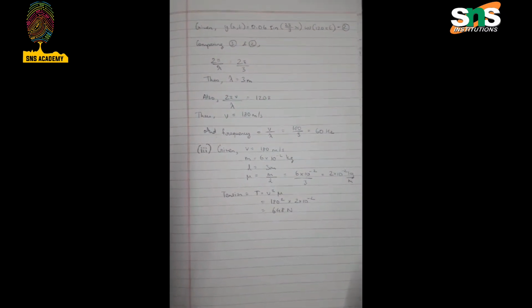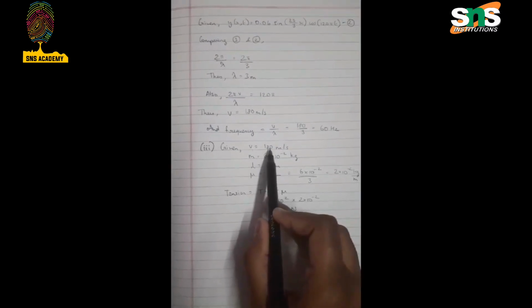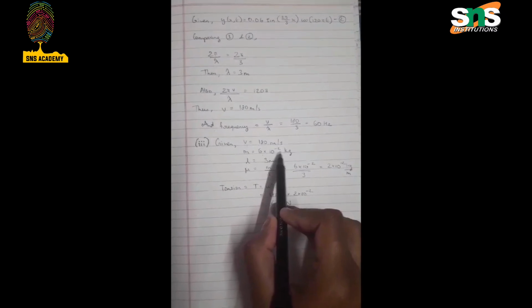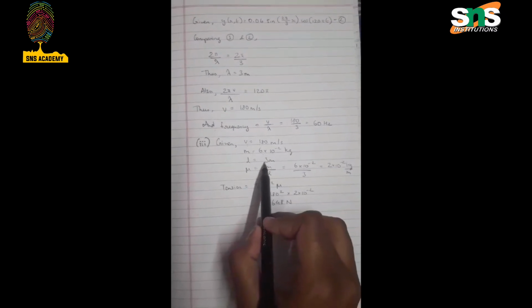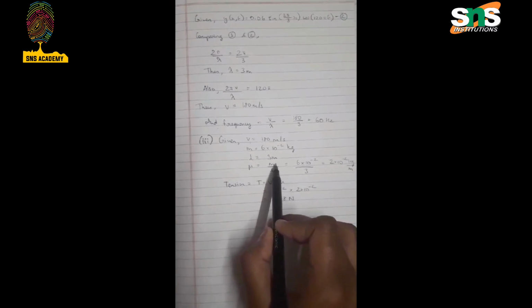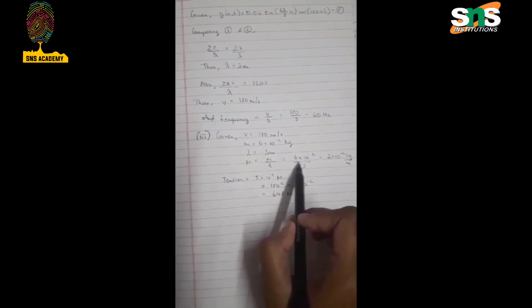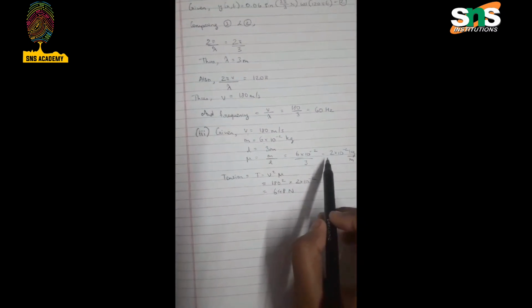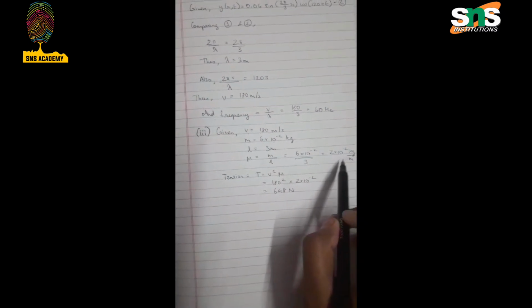Moving on to the last subdivision of the question, it is asking us to find the tension of the wire, where x and y are in meters and t is in seconds. Given that V equals 180 meters per second and mass of the string is 6 into 10 to the power minus 2 kg, length of the string is 3 meters, mass per unit length of the string equals m by L is equal to 6 into 10 to the power minus 2 divided by 3, which is equal to 2 into 10 to the power minus 2 kg per meter.